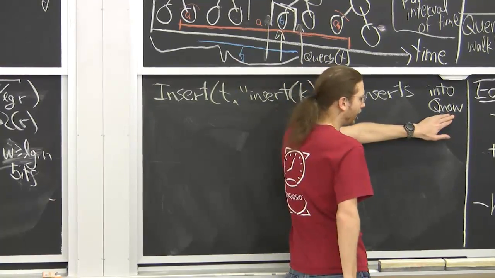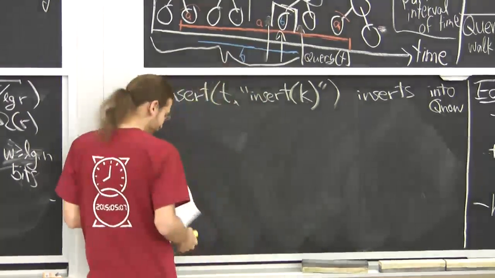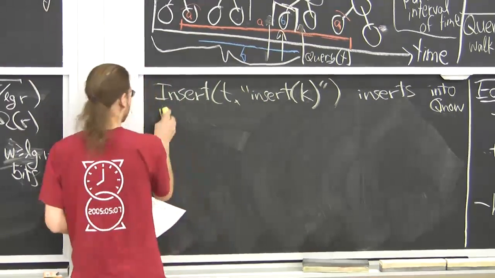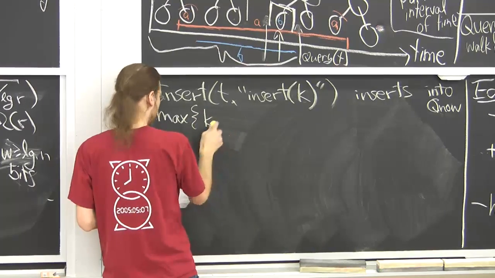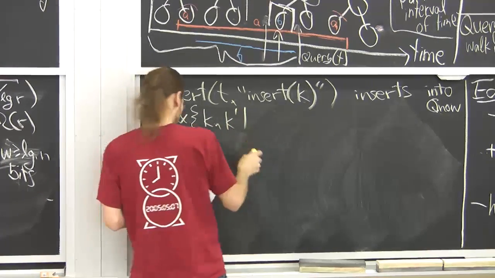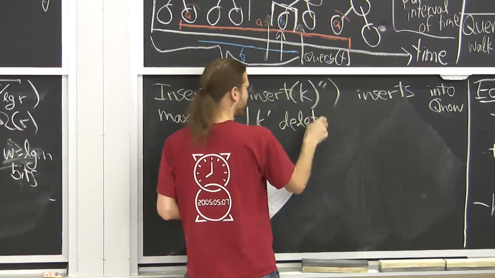I'm going to call that queue now, being the present, the future, whatever you want to call it. I claim this is what gets inserted.